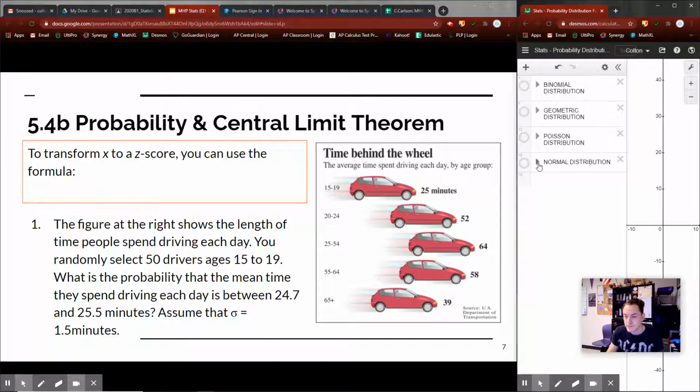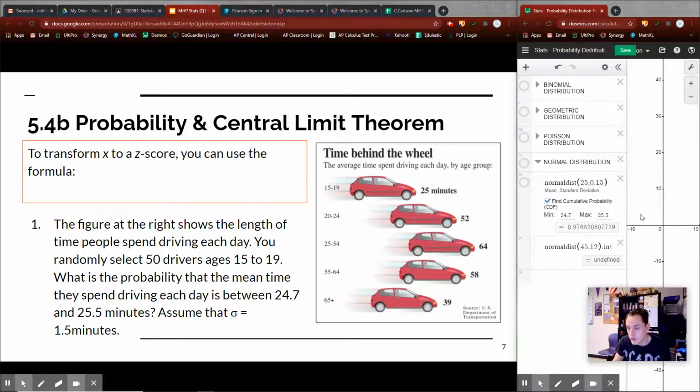I am going to be using the normal distribution calculator here again.